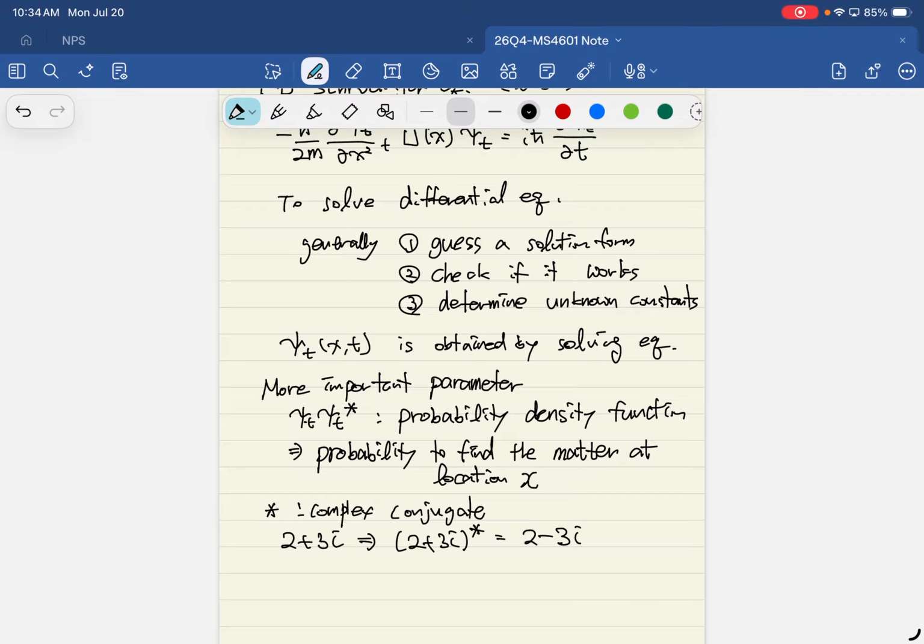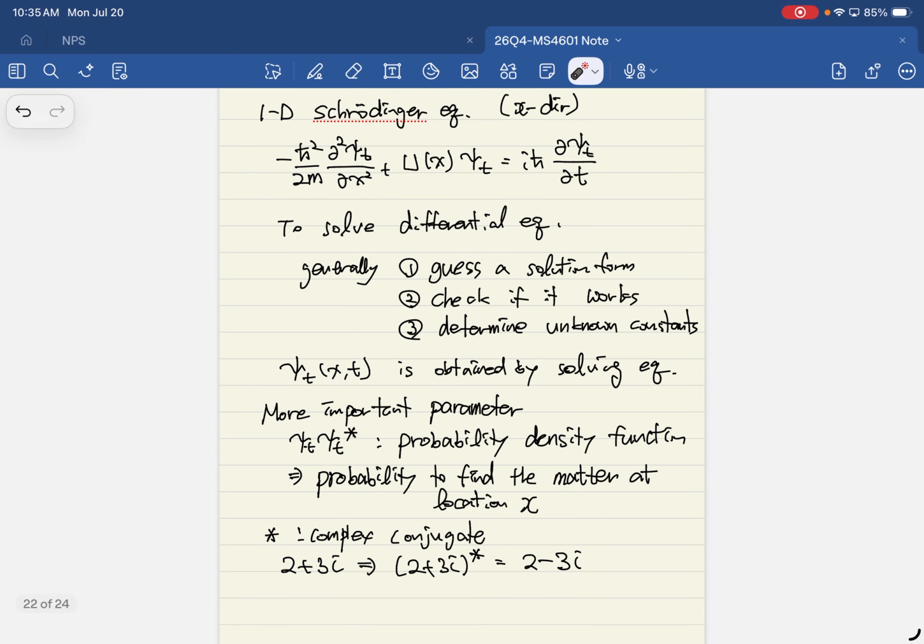So this psi t can have complex numbers, and once you take the complex conjugate and multiply it, you're going to get actual real numbers. Okay? That is why we are dealing with this one, okay? Because psi t can have complex numbers, and it's hard to interpret complex numbers, right? So we take the complex conjugate of itself and multiply, and then we get a real number, and that tells us the probability to find the matter at location x, okay?